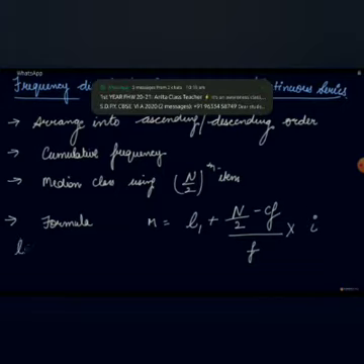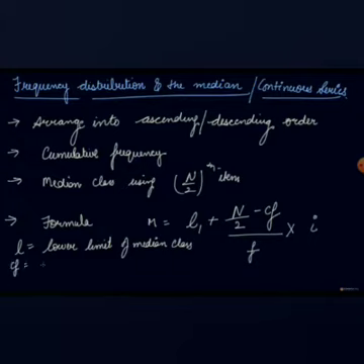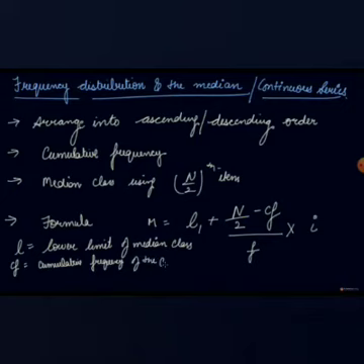So your L is your lower limit of the median class, CF is the cumulative frequency of the class preceding the median class.